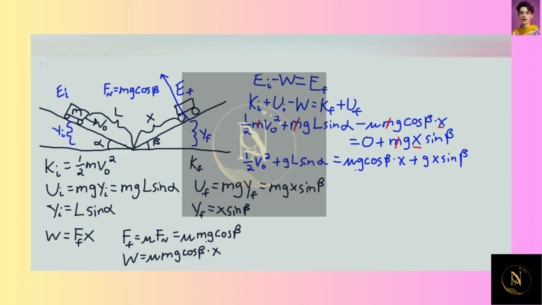I end up with 1/2 v naught squared plus g times L times the sine of alpha, and that is equal to, just pulling out that x term, x times mu g cosine of beta plus g times the sine of beta.